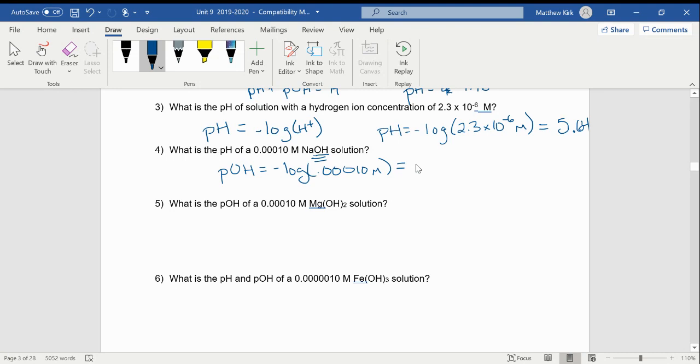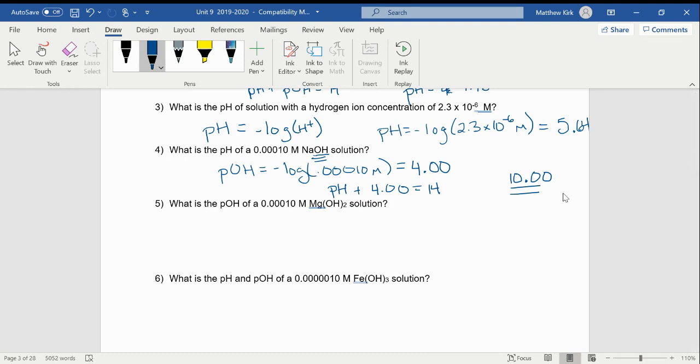I think it should be 4.00. Even though it's exactly 4, I want to show my sig figs with 2 decimals. Then I can plug that back into my formula: pH plus pOH equals 14. So 14 minus 4, and I get my pH as 10.00.